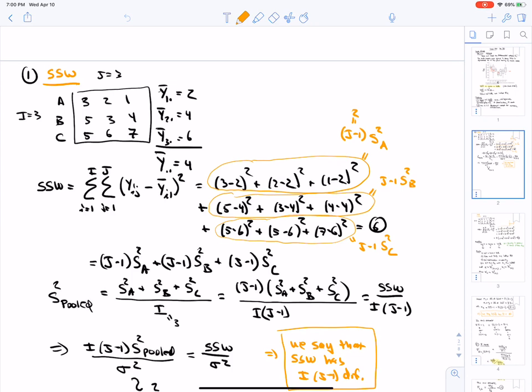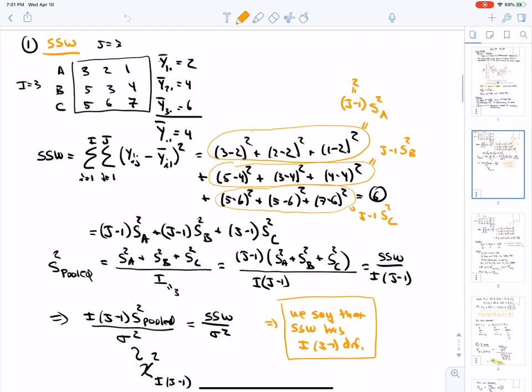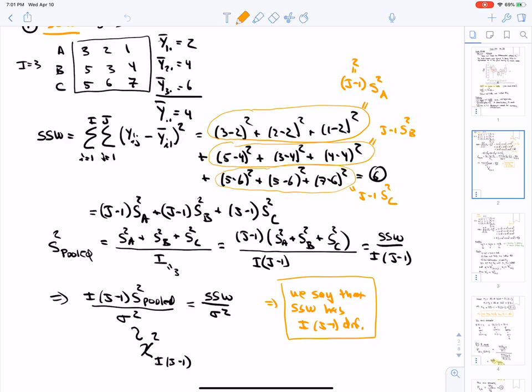And we can introduce the pooled sample variance, which is the average of these 3 sample variances, and we can write it by multiplying the top and bottom by J minus 1, and so we see that the pooled sample variance is the SSW over I(J minus 1), and so we have here the degrees of freedom times the sample variance over sigma squared.